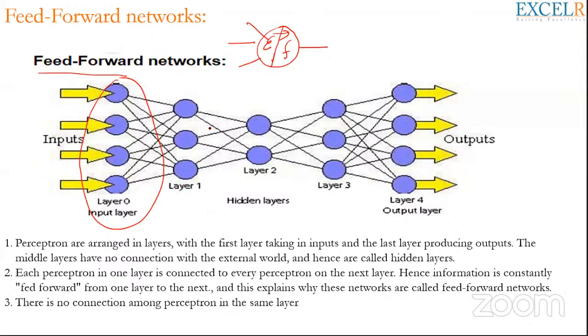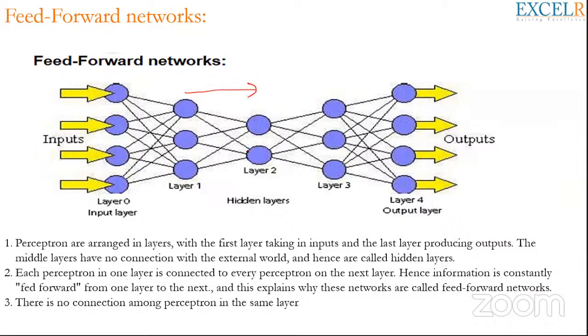And this is layer 1, layer 2, layer 3, and this is my output layer, the output neurons. The layers between the input layer and output layer are called hidden layers. These three layers are hidden layers, and each one is a neuron. Also, if you see the connections between these neurons, the connection happens layer to layer.